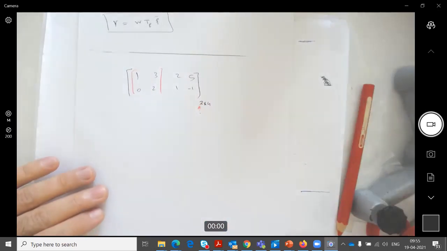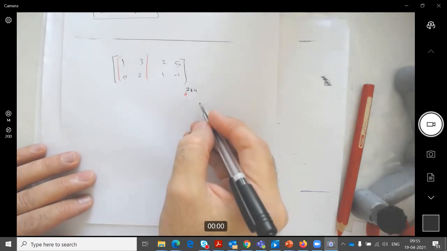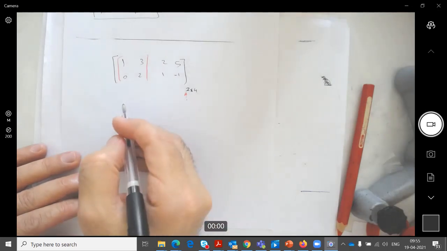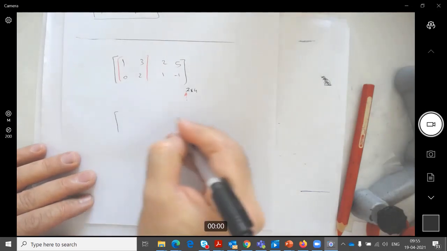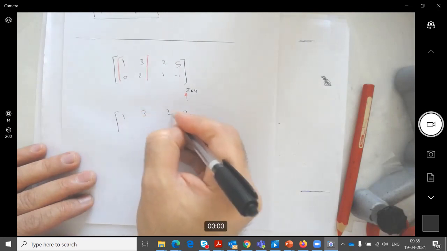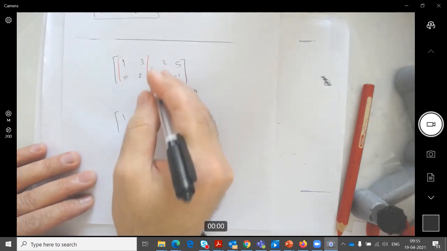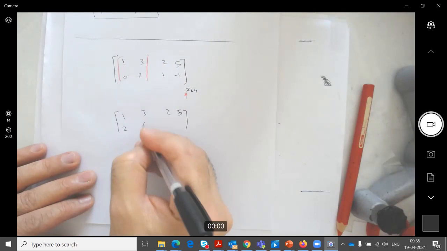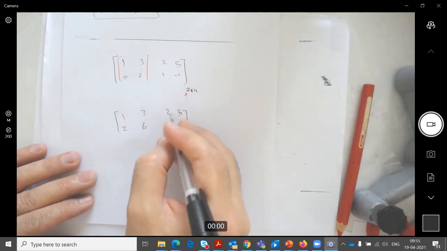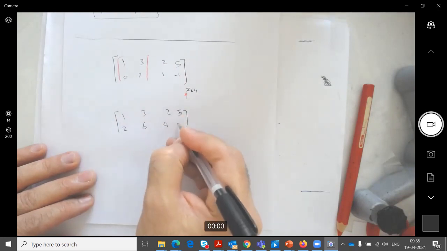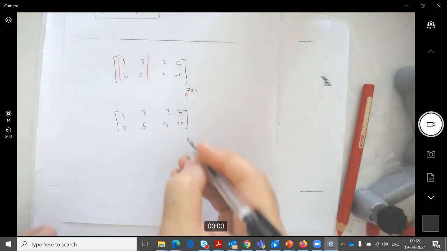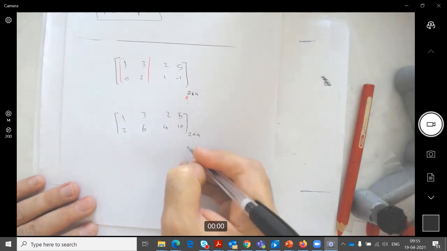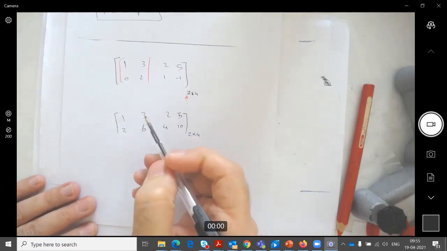But I can give you an example of a 2 by 4 matrix such that the rank is not 2. So imagine that you have 1, 3, 2, 5. The first row is exactly like this. And I double the first row, I write it here. So this one. It is a 2 by 4 matrix, but the rank is 1.